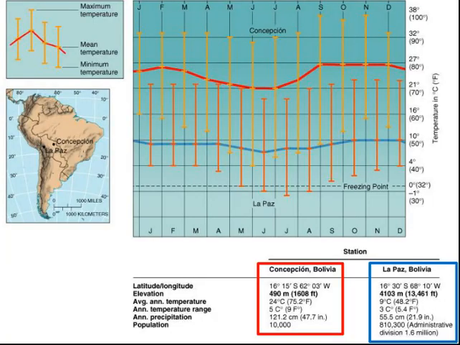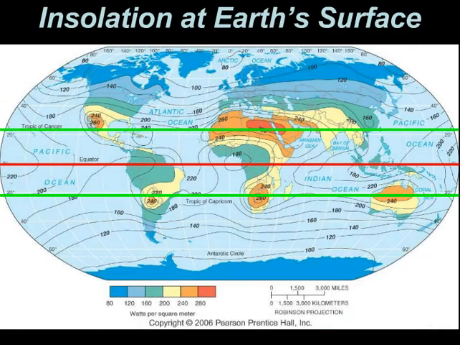Concepcion is shown as the red temperature line, whereas Bolivia is the blue temperature line. So Concepcion has higher temperatures, that makes sense. It's at a lower elevation. If you go down the bottom, you see 490 meters, or 1608 feet above sea level, compared to La Paz, which is at a much higher elevation and thus cooler temperature.